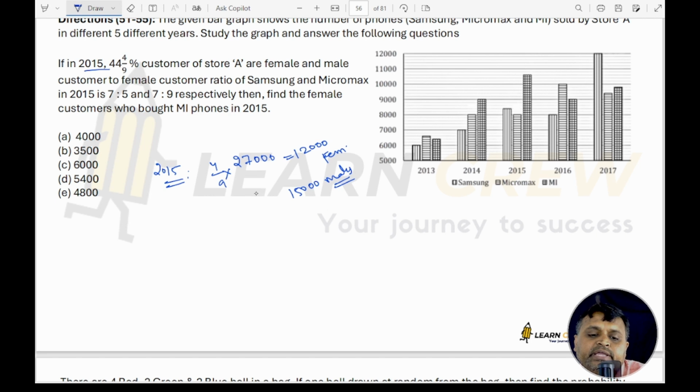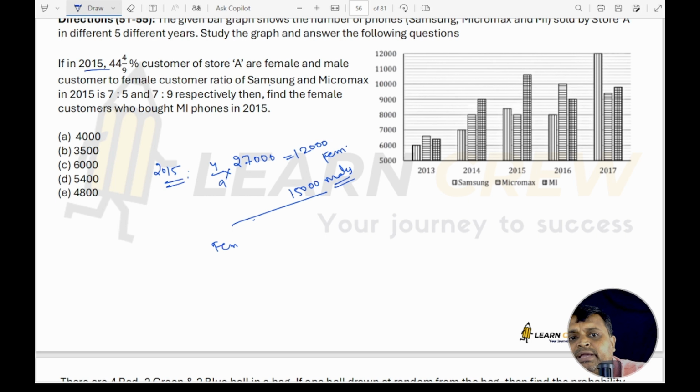This is the first understanding. Now after that, female customers who bought Samsung phones in 2015. This is for 2015, right? Now what is given? Male customer to female customer ratio of Samsung and Micromax.